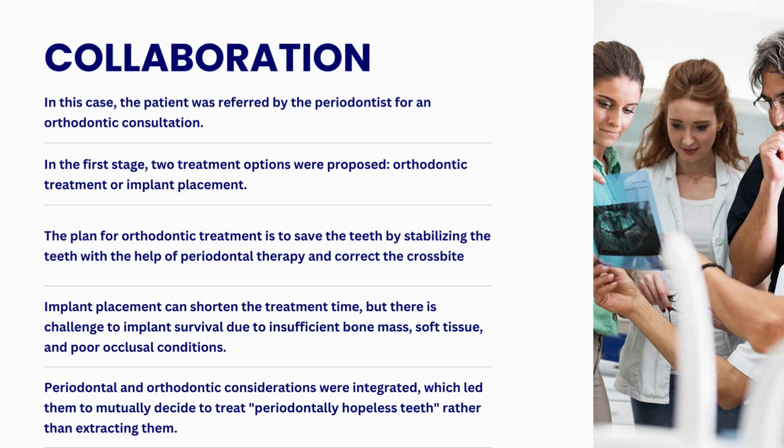While the plan of placing an implant after extracting the mobile incisor could shorten the treatment time, there is a challenge to implant survival due to insufficient bone mass, soft tissue, and poor occlusal conditions.